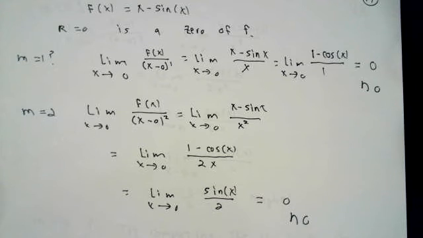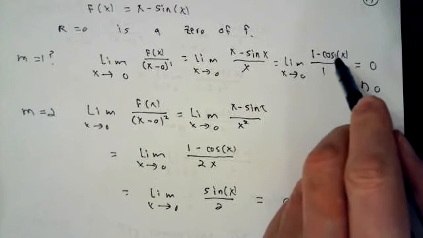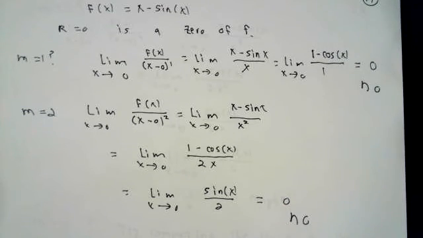This is the limit as x goes to 0 of 1 minus cosine x. Cosine x is continuous, so it's safe to just plug x equals 0 in, and you end up with 1 minus cosine 0, which is 1 minus 1, which is 0. This is not a root of multiplicity 1. It's not a simple root. It's not one of those situations where Newton's method is going to do well.